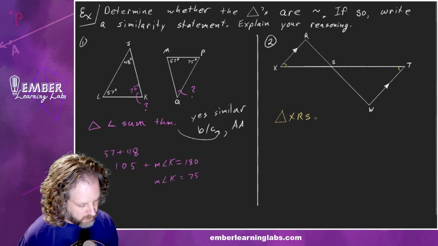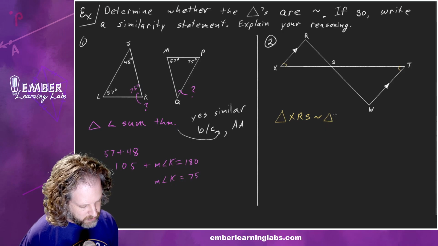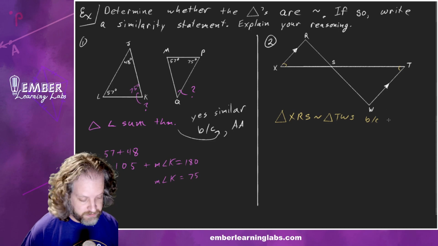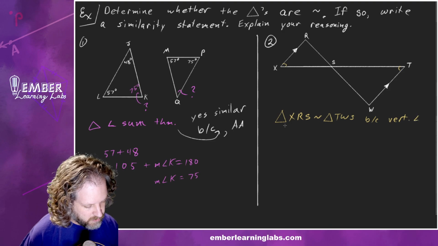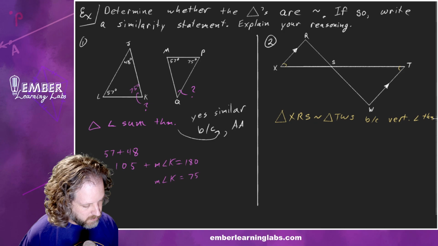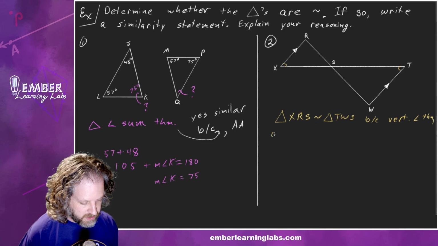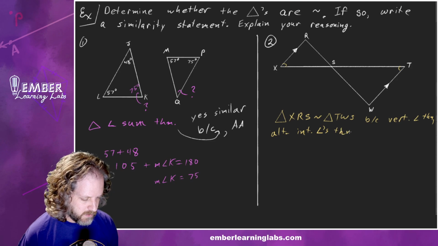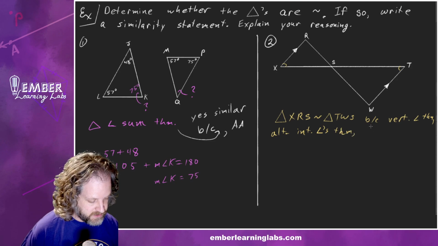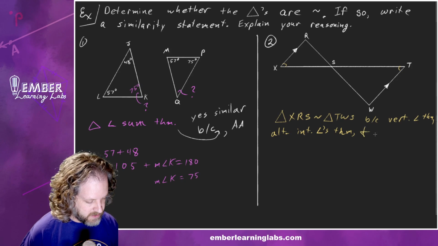So triangle XRS is similar to triangle TWS because of the vertical angles theorem, and the alternate interior angles theorem, and then finally, because of angle similarity.